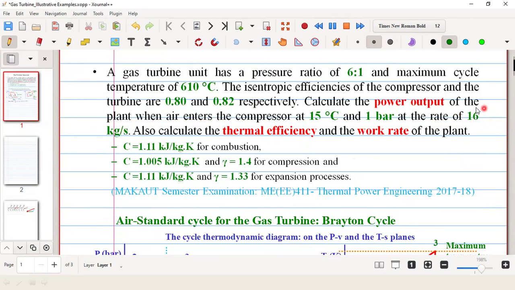So the mass flow rate is the only extensive property given here. Using it, we will be able to calculate all the properties related to mass, like total power.